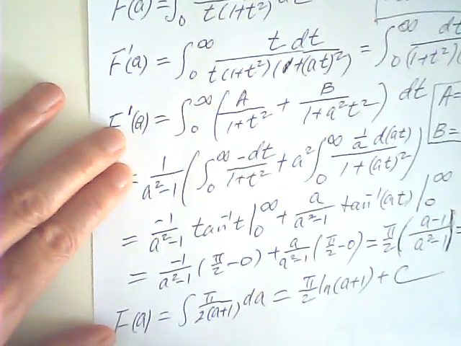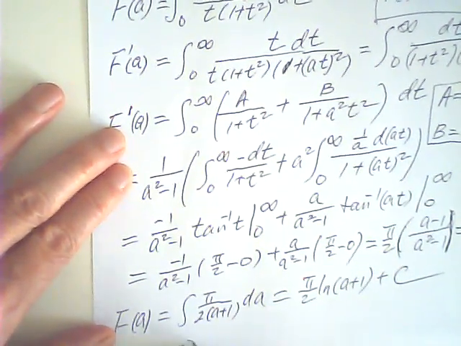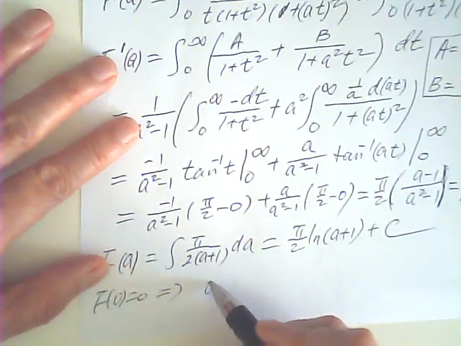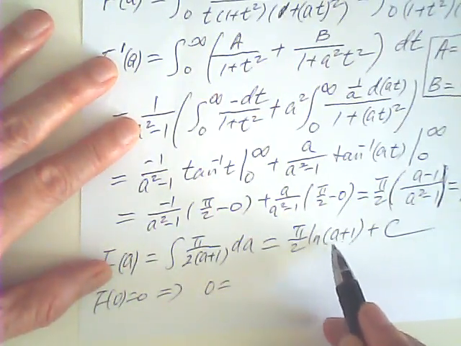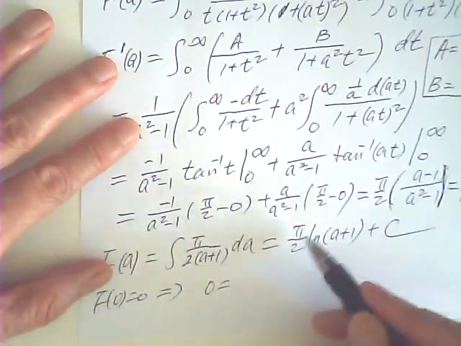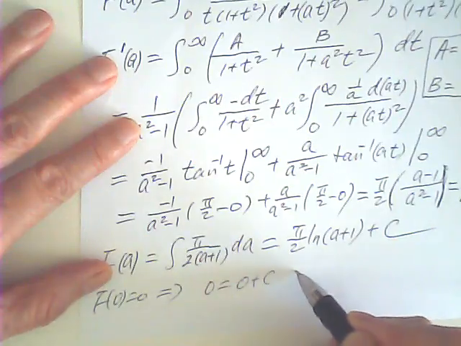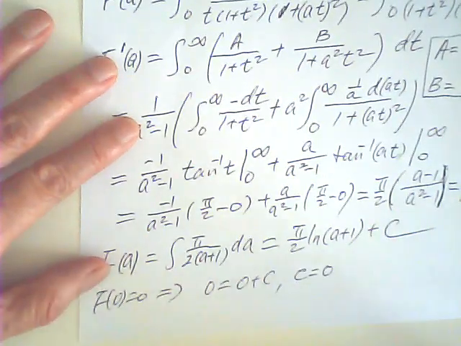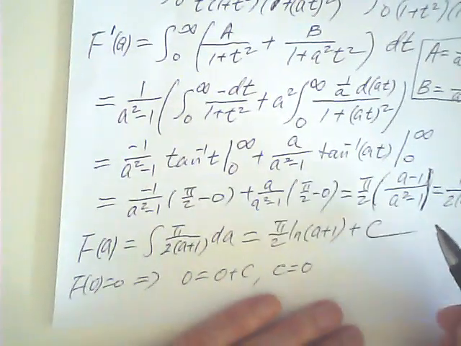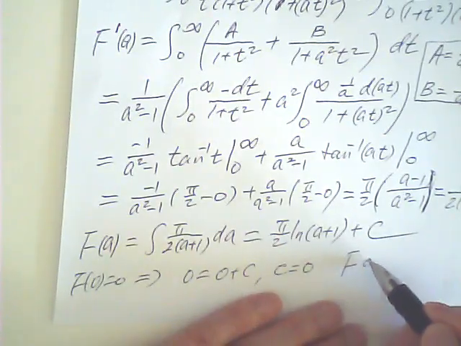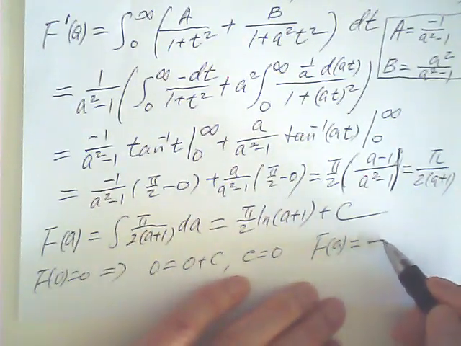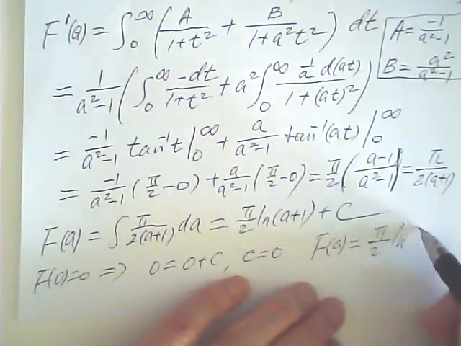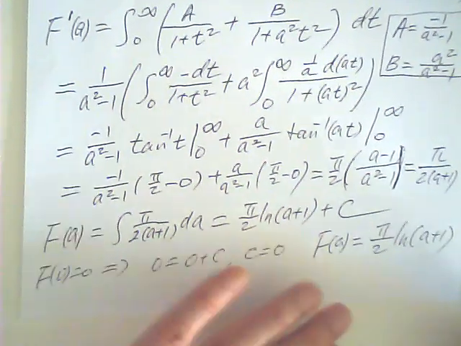So f of 0 is 0 implies 0 is equal to, this will be 0, right? This is 0 plus c. So c equals 0. So f of a is equal to half pi natural log of a plus 1.